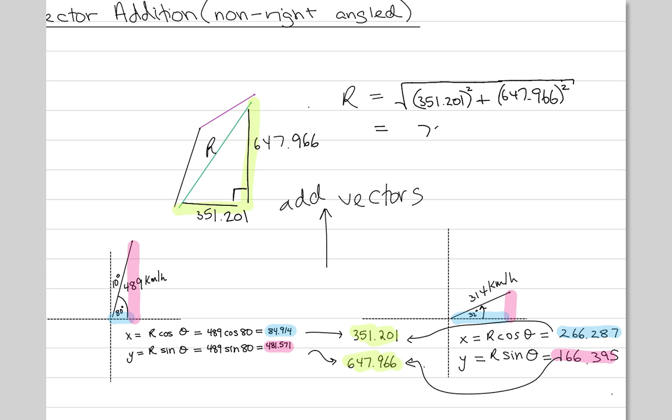So I got 737.022 kilometers per hour, and the theta, second function tangent of the y over the x, the 647 over 351.201.